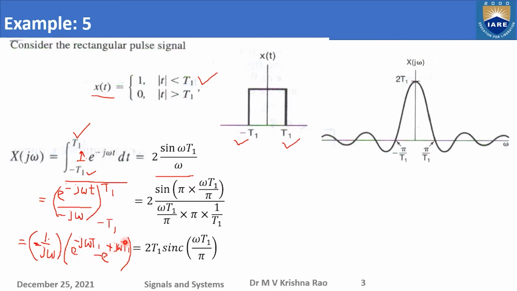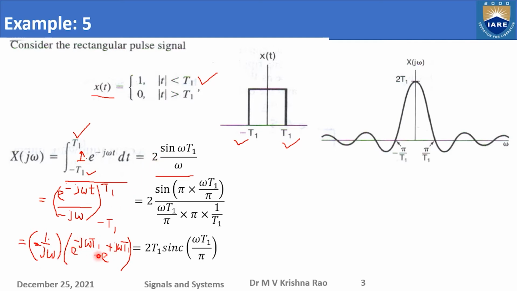So e to the power of plus j theta minus e to the power of minus j theta, divided by 2j. I have to multiply the denominator and numerator by 2j, so I get 2 in the numerator and 2 in the denominator. The 2j is absorbed in the sine function, so a 2 is extra here.